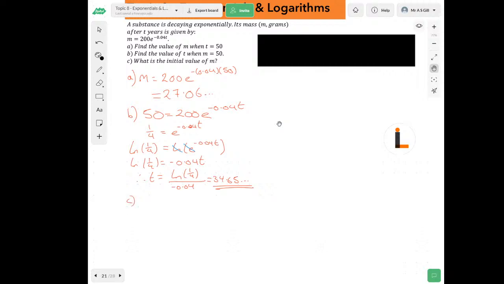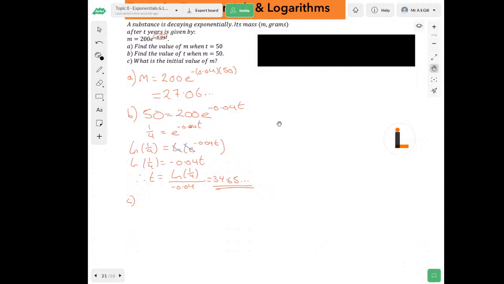And lastly, part C. Well, the initial value is going to occur when the time is 0, right? t is equal to 0. So if t equals 0, then the whole power of e becomes 0. So we get e to the 0, and like we've discussed earlier, e to the 0 is 1, just like anything to the power of 0 is 1.